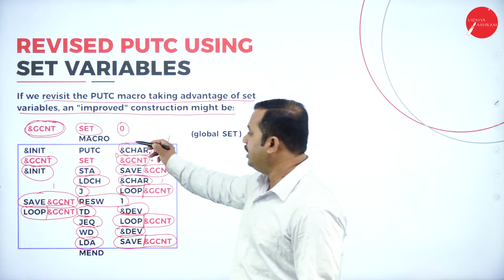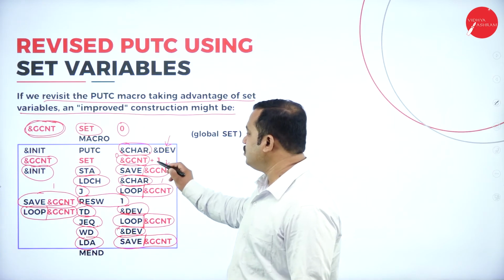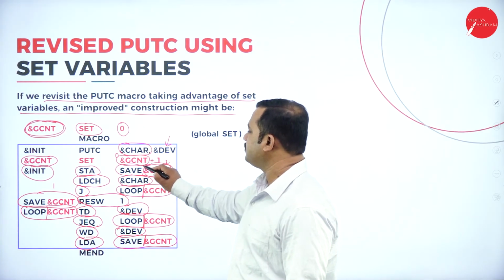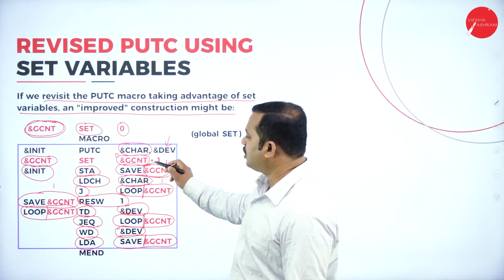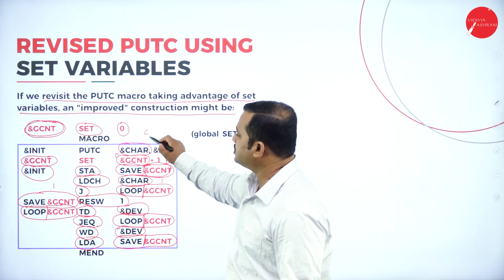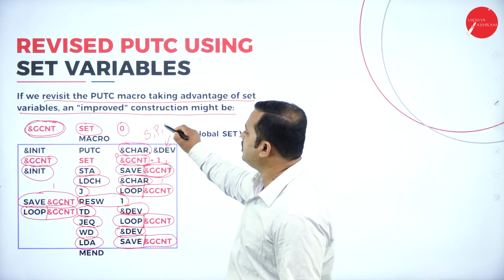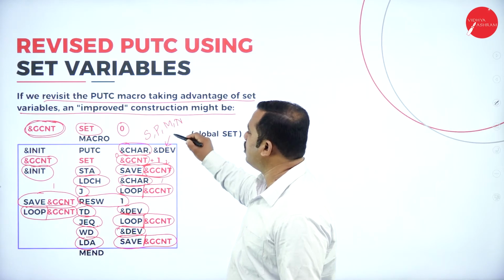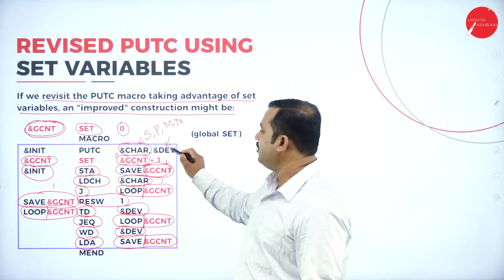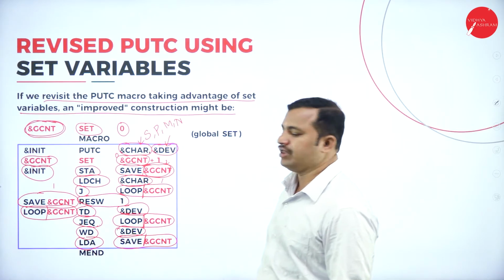When it is first executed, it is going to get the value 1 in this location, set variable. It is going to save that. What is that character it is going to receive? Whether it may be S or P or M or N or anything, this is the character going to be read by this device ampersand DEV.